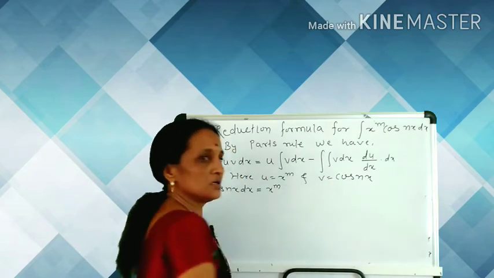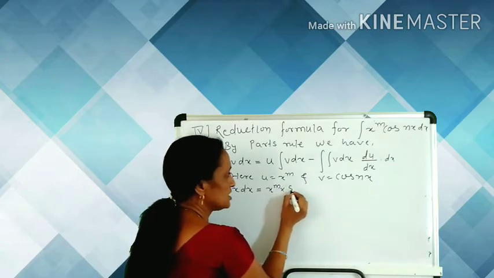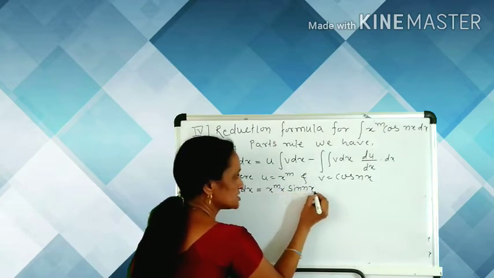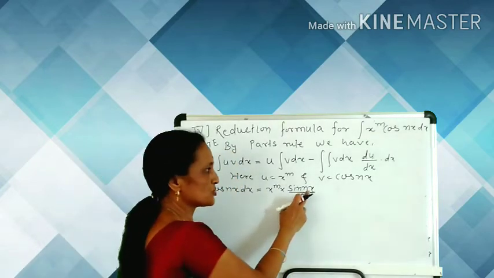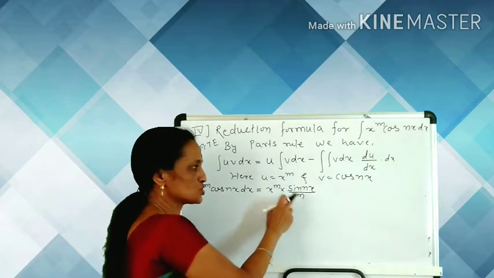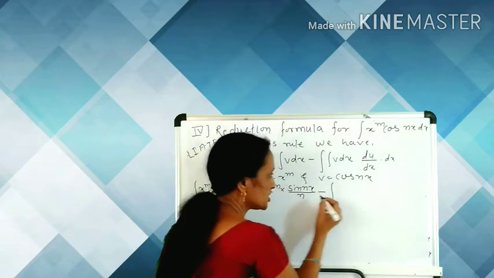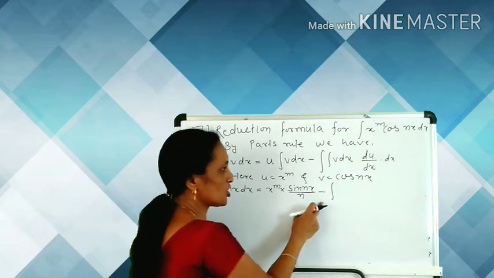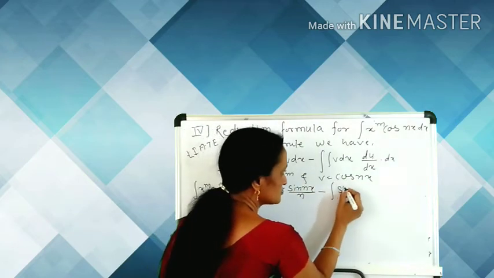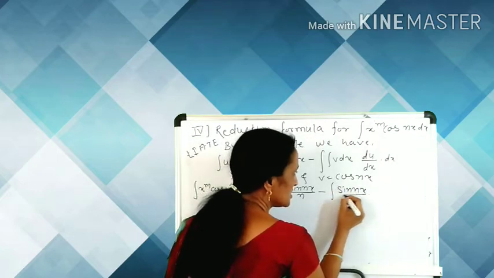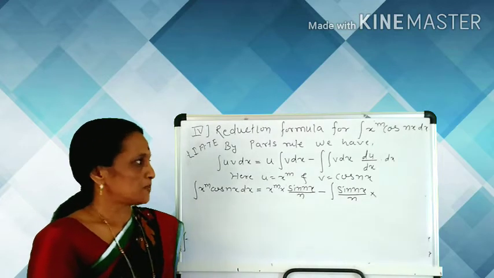Here the second function is cos nx, and we know that the integration of the cosine function is the sine function divided by the coefficient of the angle, which is n. So using the rule, we write the integration of this second function, sin nx divided by n, minus the integration of sin nx divided by n multiplied by the derivative of the first function.